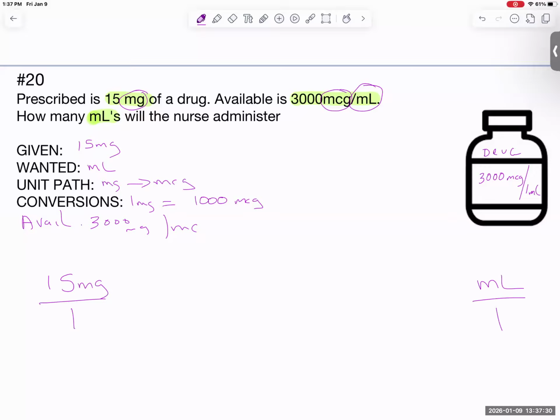Now, this question told me I'm solving for milliliters, but what if it didn't? Would you be able to figure that out? What if it just said, what will the nurse administer? Would you be able to figure out that it's milliliters? Yes, because based off of what's available, it told you that it was over mLs.